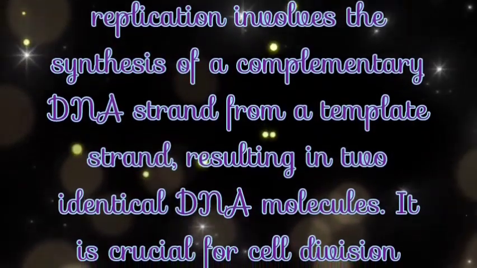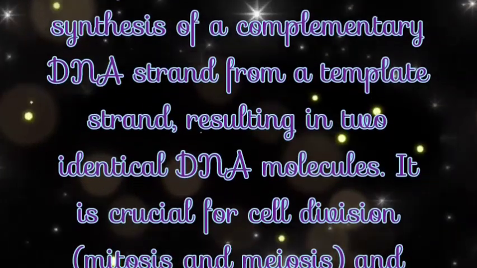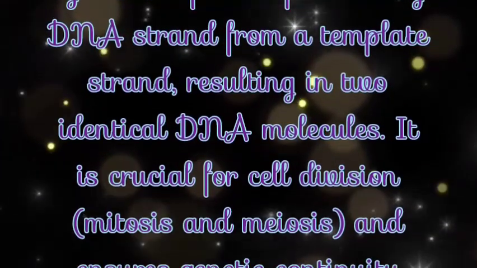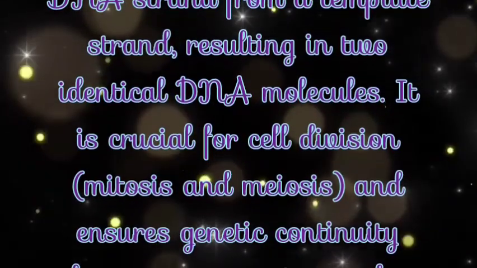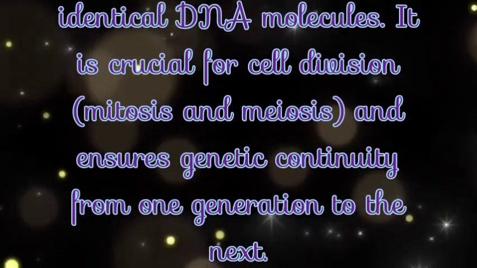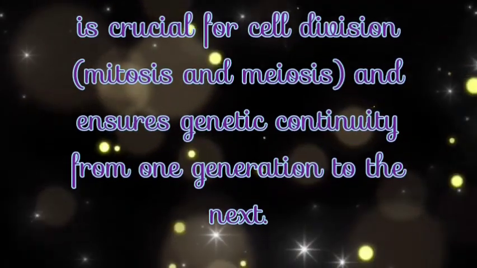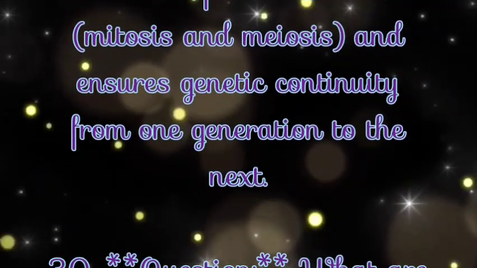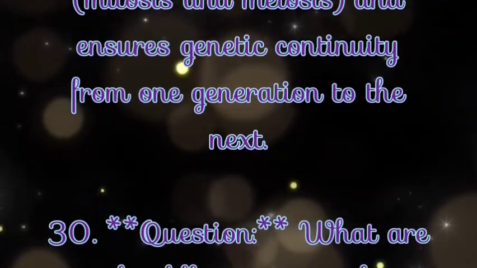Answer. DNA replication involves the synthesis of a complementary DNA strand from a template strand, resulting in two identical DNA molecules. It is critical for cell division, mitosis and meiosis, and ensures genetic continuity from one generation to the next.